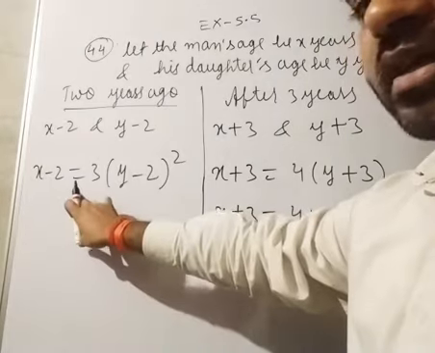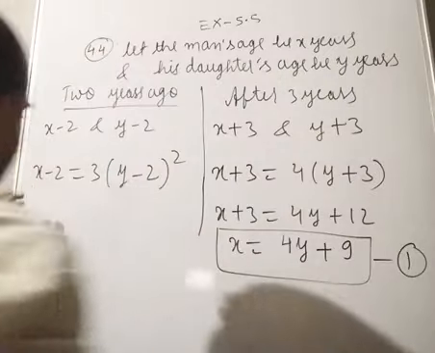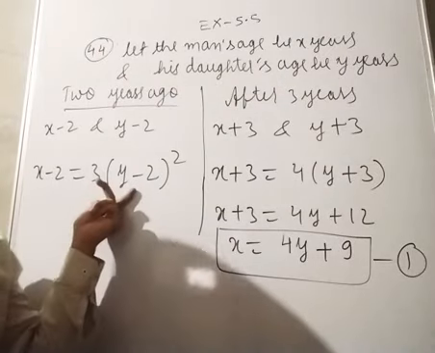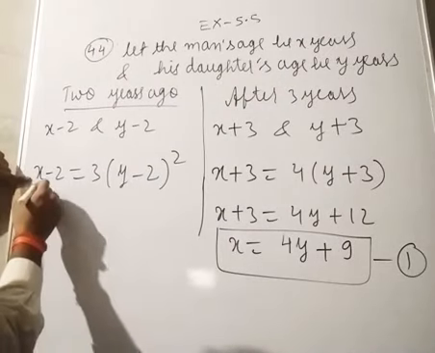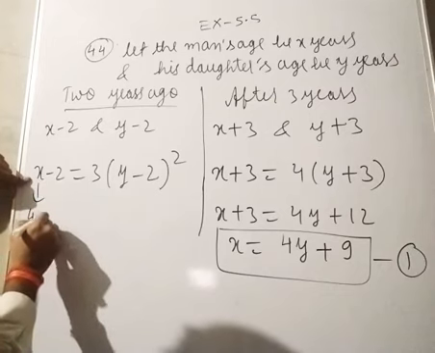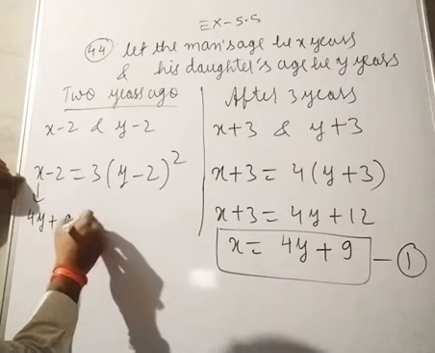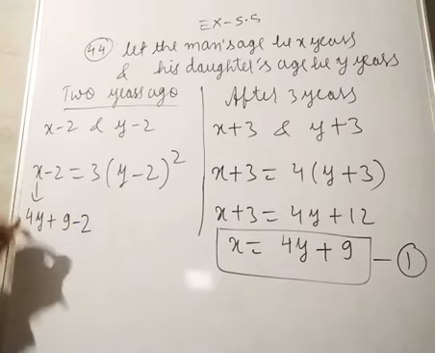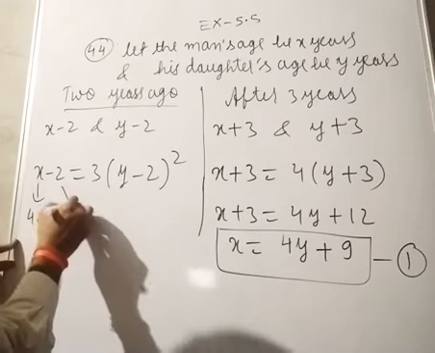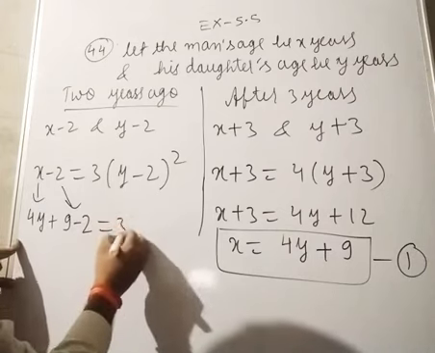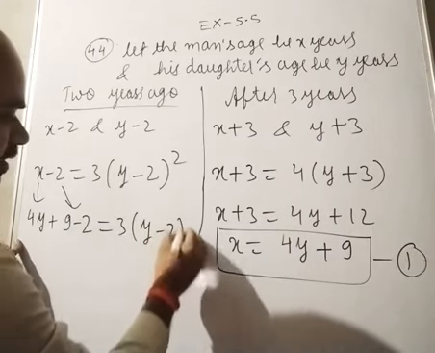Like here also we can substitute. Here x minus 2, we can write at the place of x, 4y plus 9. Correct? Minus 2. X is 4y plus 9, then minus 2 is equal to 3y minus 2 whole square.